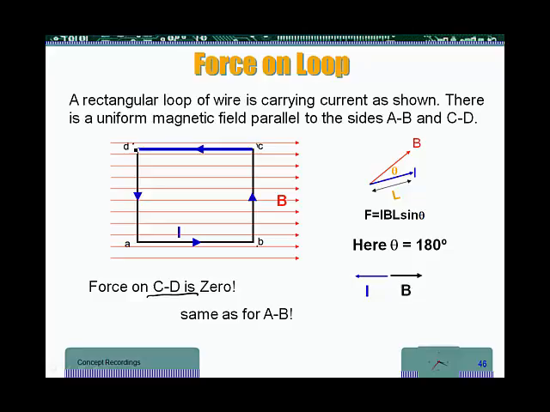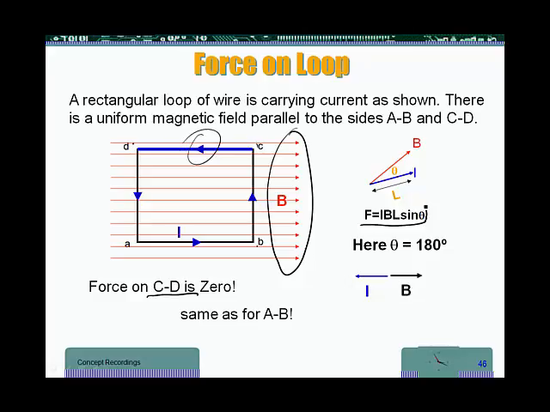Now, for segment CD, if we subject that loop to a magnetic field, as represented here by the pink arrows, it's pointing towards the right of the screen. So the current is pointing to the left of the screen.